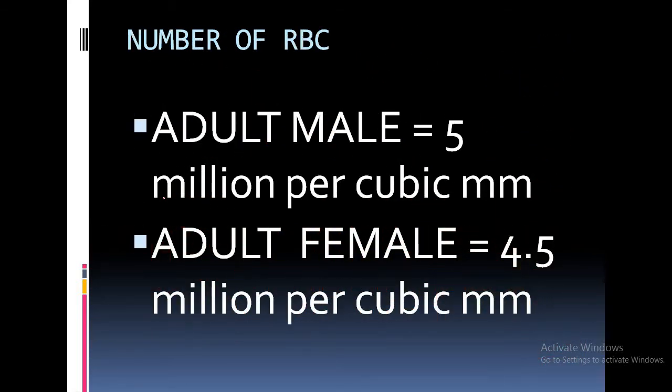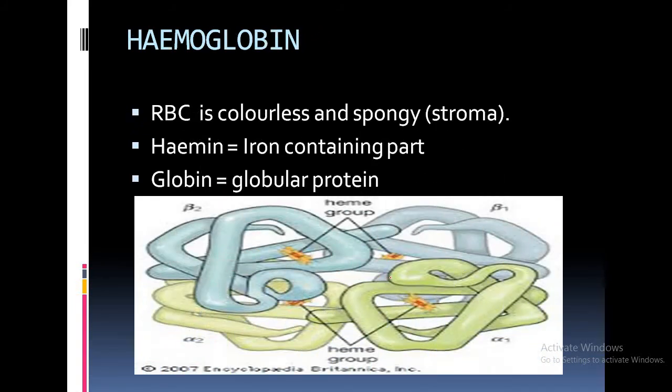Now what is the number of RBC in adult males? In adult males, the number of RBC is 5 million per cubic millimeter, and in adult females it is 4.5 million per cubic millimeter.